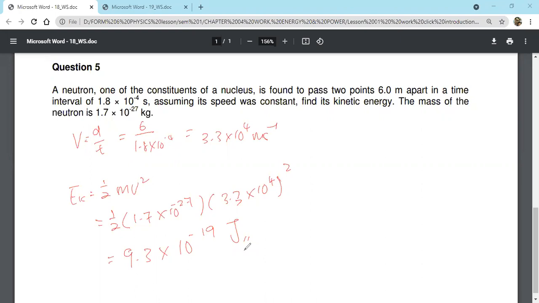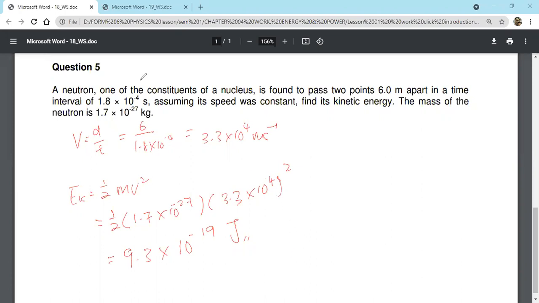That one is for the kinetic energy of the radiation. But no need to convert if the question didn't ask us to convert to eV. Get it?